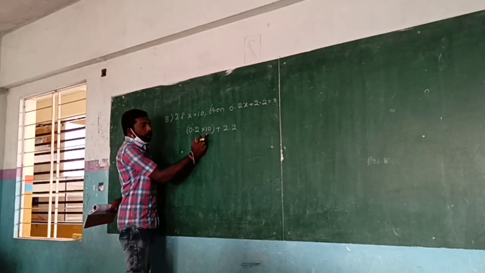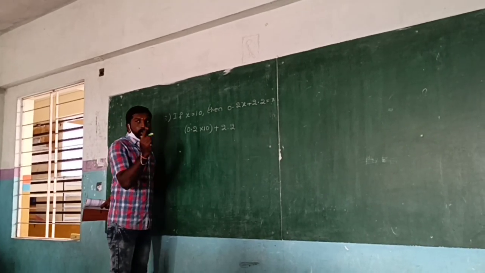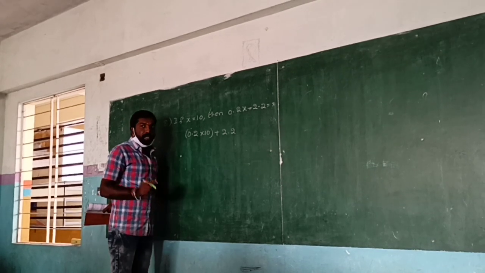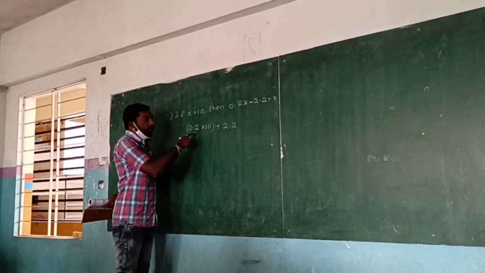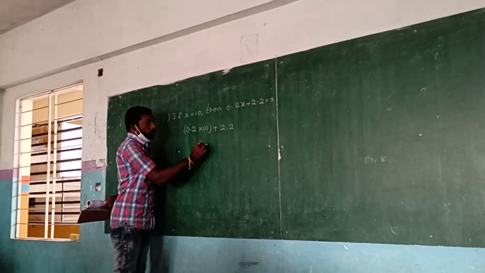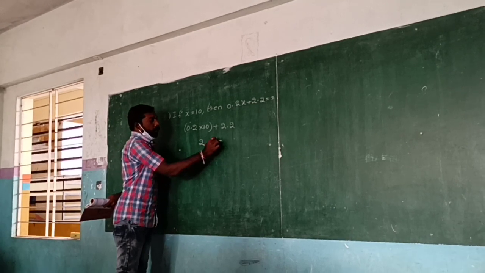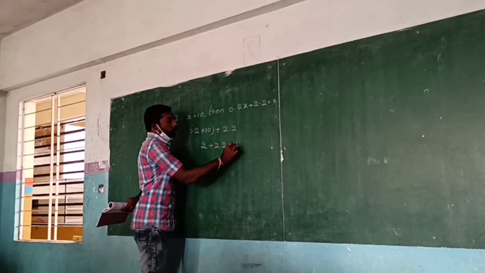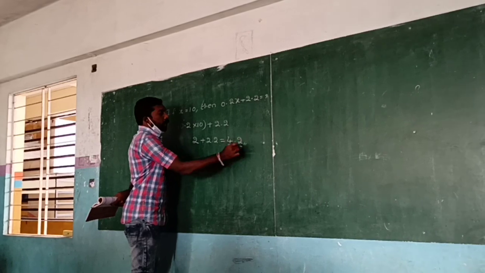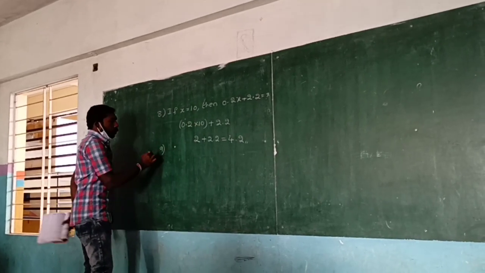Here how many zeros are there? 1 zero. Here after the decimal how many digits are there? 1 digit. So both get cancelled. So 2 plus 2.2, 4.2 is the answer.